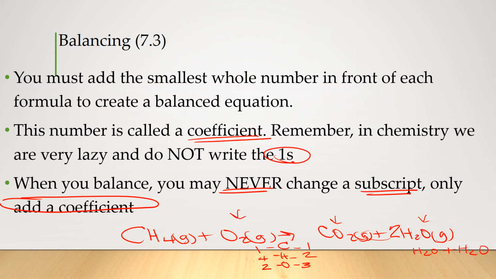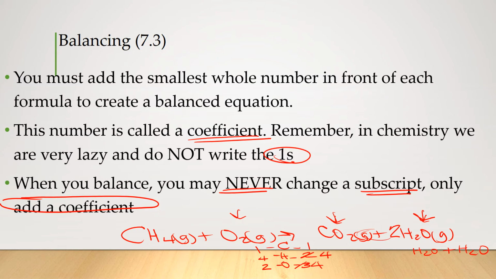So I have a total of 4 hydrogens, and then I've got 1, 2, 3, 4 oxygens. Because remember, I've got oxygen in 2 places, and I'm adding them together.